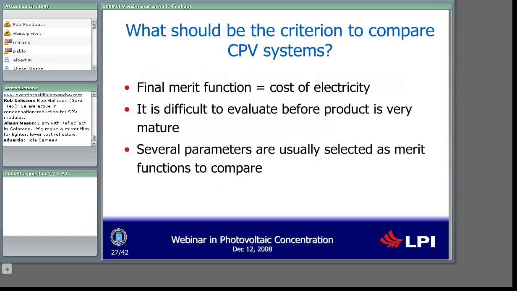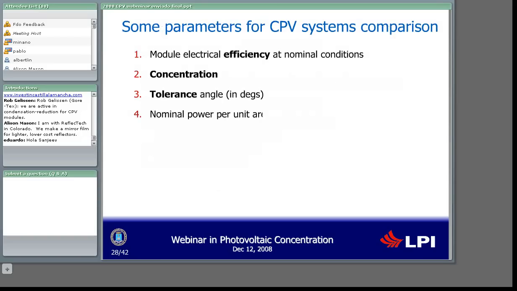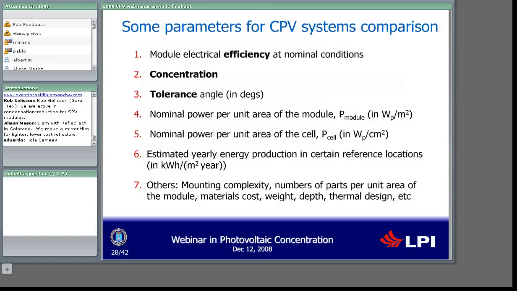Such parameters could be many, and there are some in this list here. We are highlighting the first three, which are the module electrical efficiency at nominal conditions. Those nominal conditions may be discussed, so it is not too clear what to select. The concentration, also the tolerance angle.